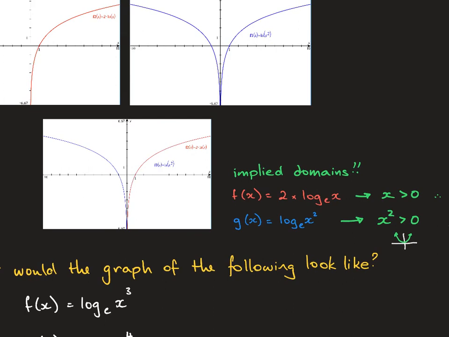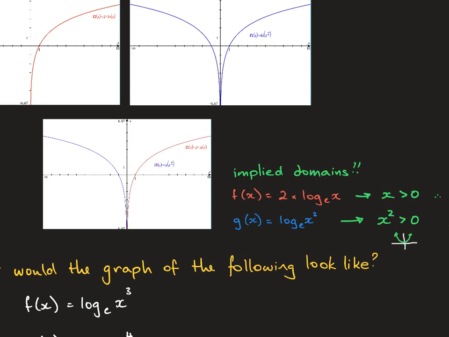So for our f of x function, we need x to be greater than 0. But for our log to the base e of x squared, what we need is x squared to be greater than 0. So if we sketch x squared greater than 0, you can see that for all possible input values, you get an answer that's greater than 0.